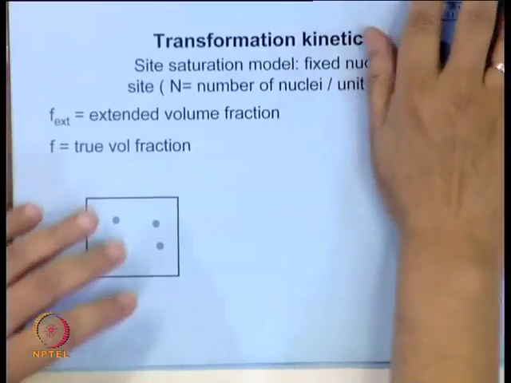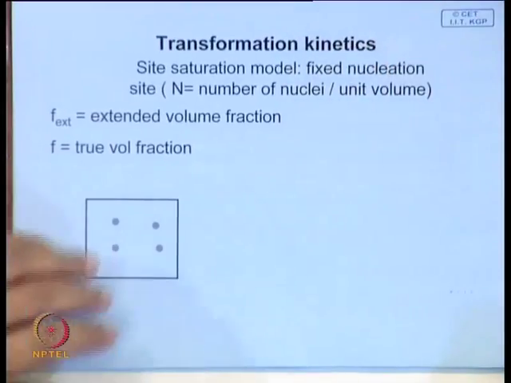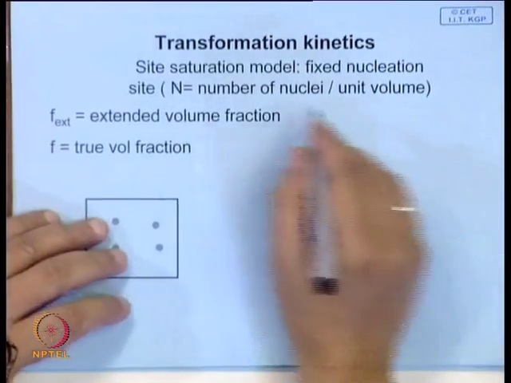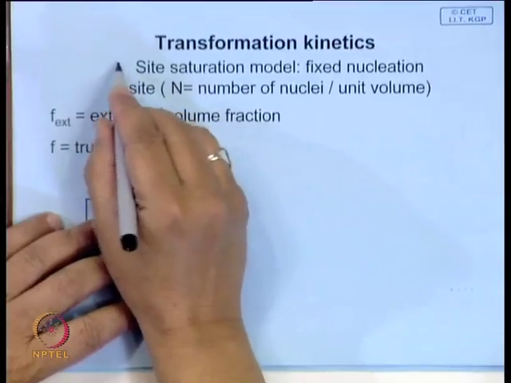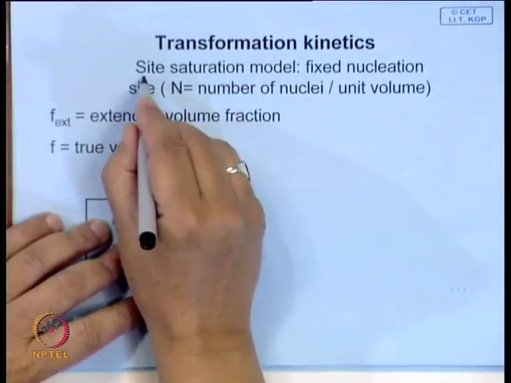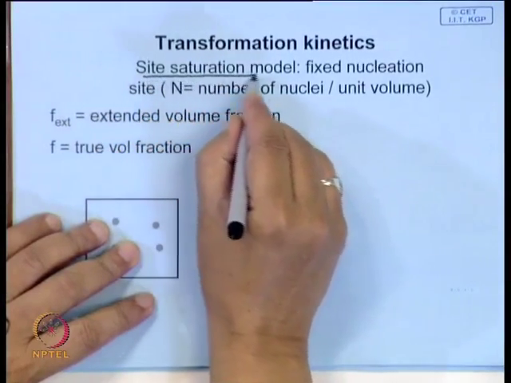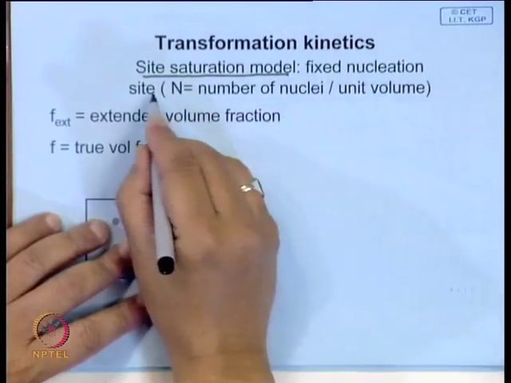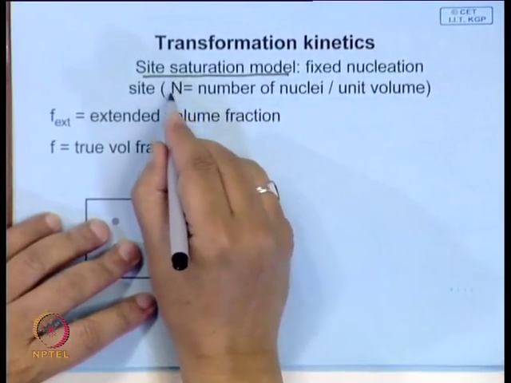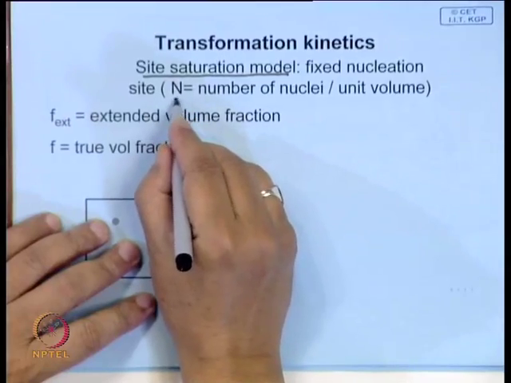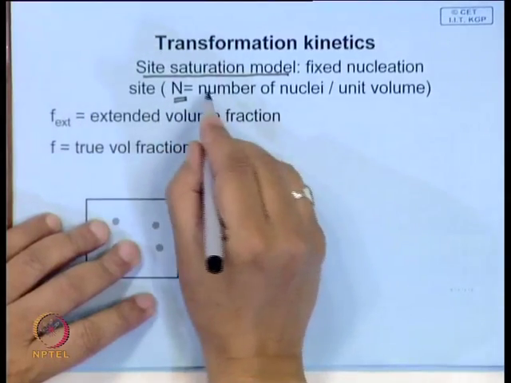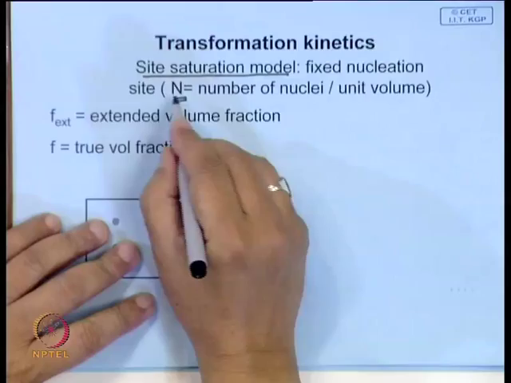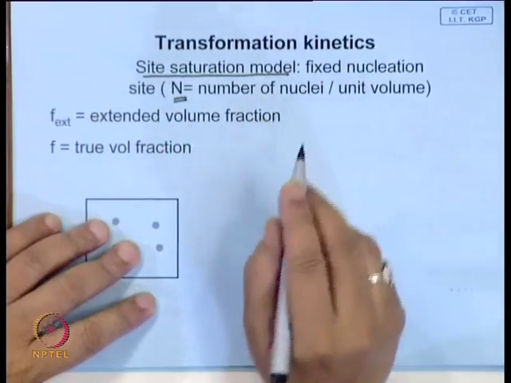So, this offers a simple method of finding the relationship for fraction transformed, which can be done very easily. How will you do it? Suppose we make an assumption, the site saturation model. That means you have fixed nucleation sites, only n number of nucleation sites, and once all these n nuclei are formed, only then growth sets in.